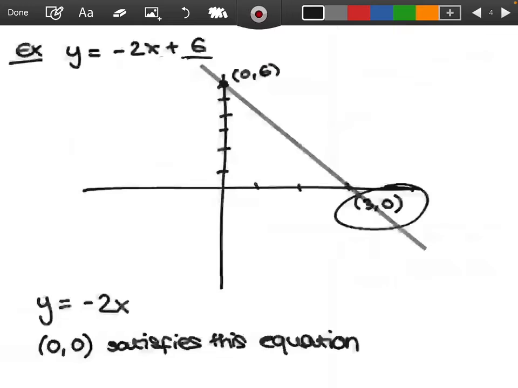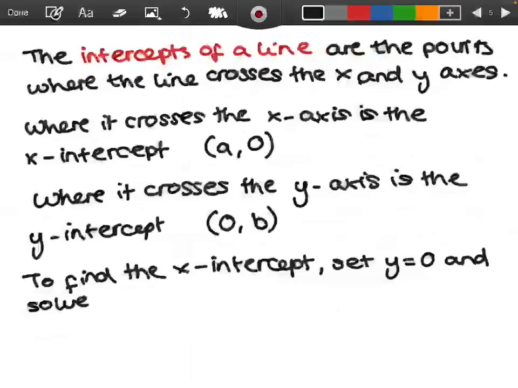We know that the y-coordinate is 0 for my x-intercept. So if I set y equal to 0, I know that to be true, and I then solve my equation for x. Then that will give me the x component, my x-coordinate, for this particular x-intercept. So all I do to find an x-intercept is I set y equal to 0, because I know that to be true for an x-intercept of a line, and then I solve for x.